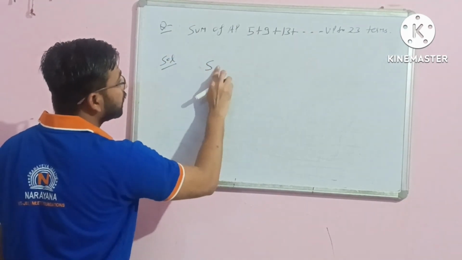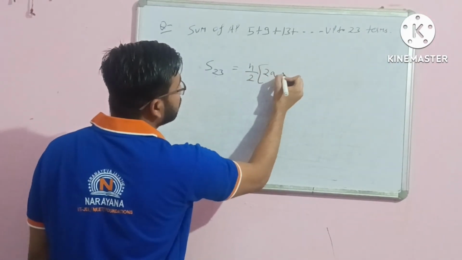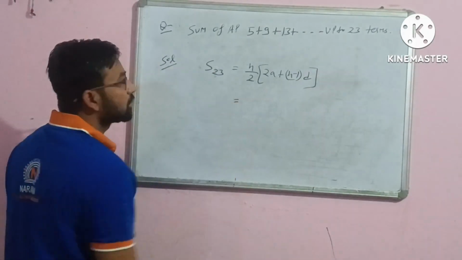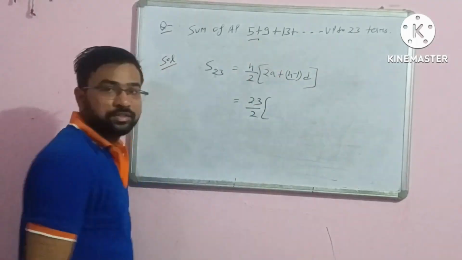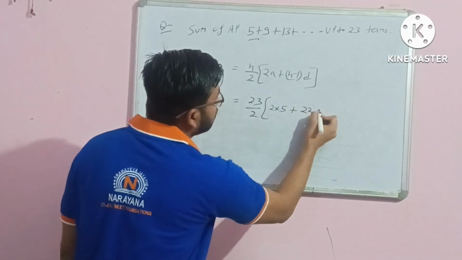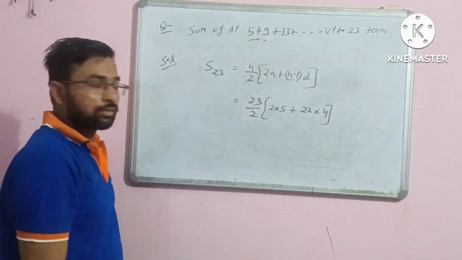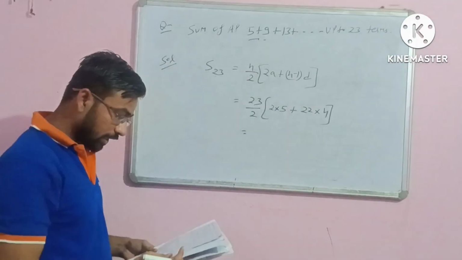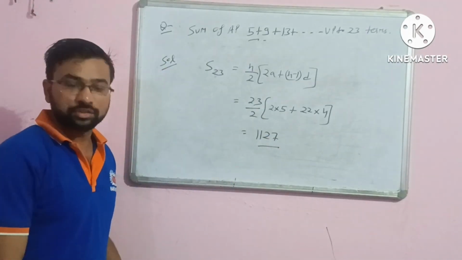The sum of 23 terms is n by 2 into (2a plus (n minus 1) d). And what is n here? n is 23. And what is the first term here? The first term is 5. So 2 into 5 plus 22 into the common difference, which is 4, since 9 minus 5 is 4. So after solving this expression, the answer will become 1127. So this is the answer of this question.